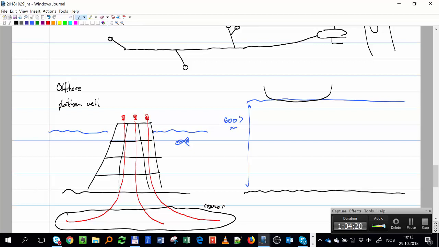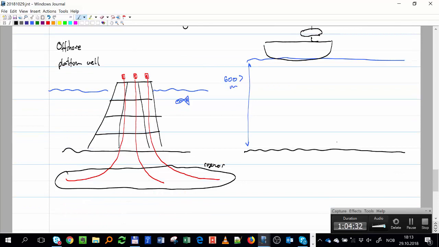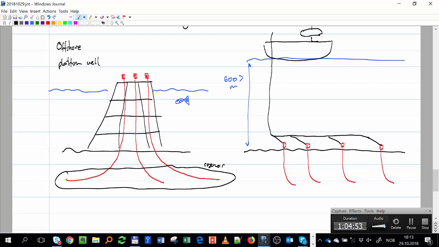So one of them is like using an FPSO, where you have here the separator, and then your wells are on the seabed. And then I have some sort of collection system, let's make it here, that collects all of them and takes it to the separator.